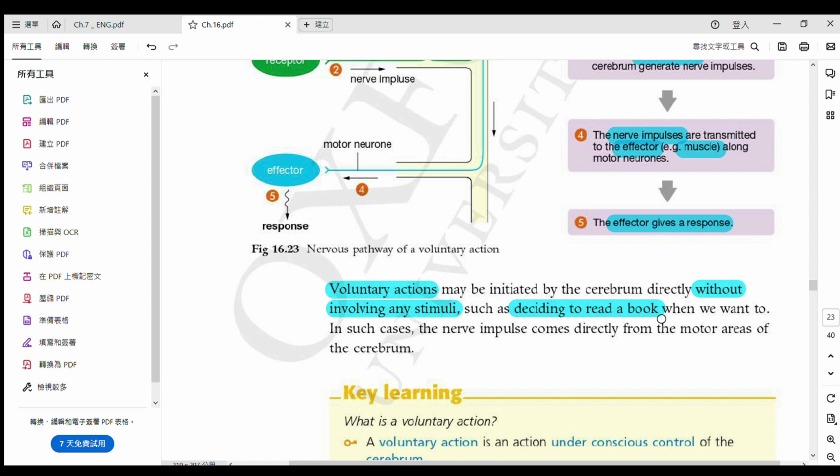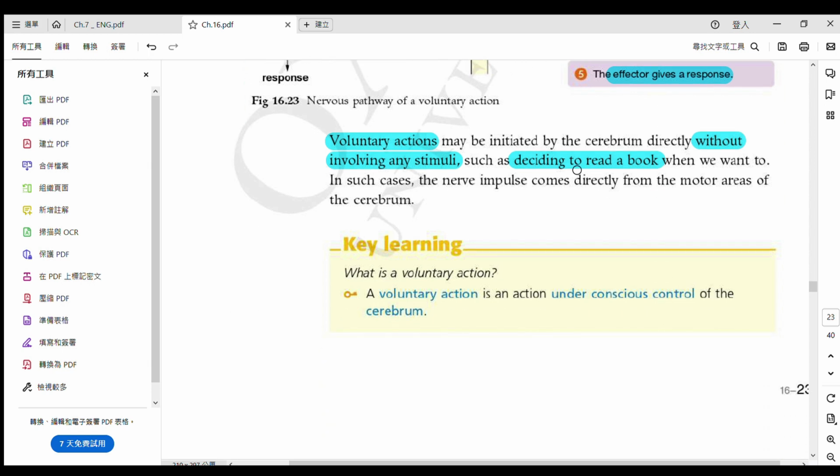Okay, if there is no question, there is one last point. When there is no stimulus, do we need the sensory area of the cerebrum? The answer is no. And when there is no information, do we need the association area to analyze and make a decision for us?